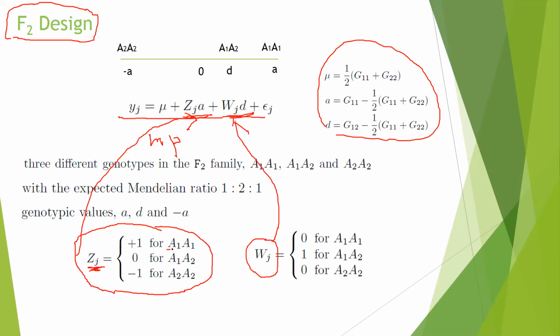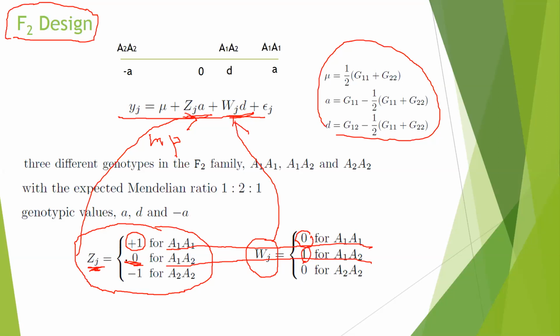Look at here. For the first genotype, we only have the additive effect, but not the dominant effect. That's why for the first genotype, Z equals 1, but W equals 0, right? If you look at the second, heterozygous genotype, there's no additive effect, but only a dominant effect.